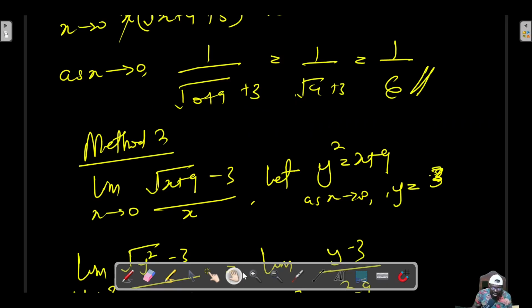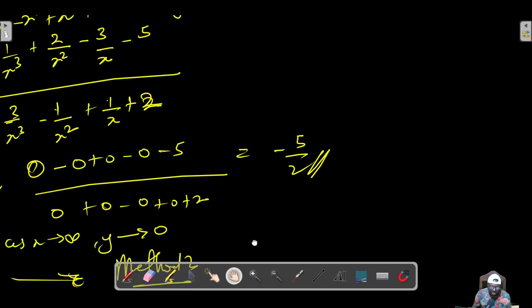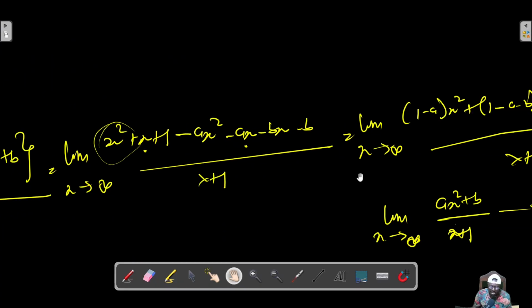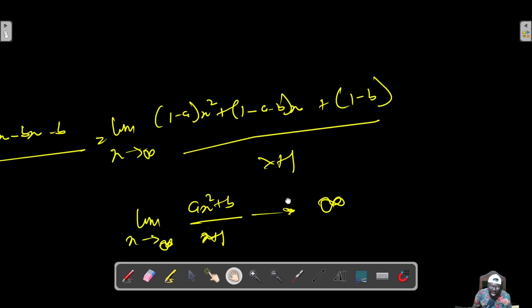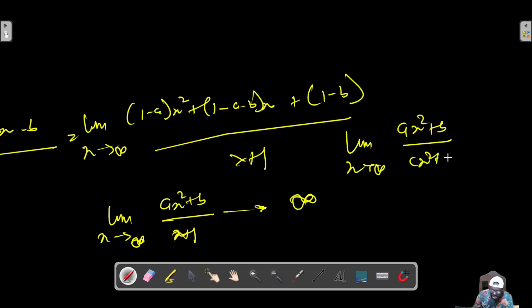Now, I also said one thing. I said that if you have the limit of some expression as x is approaching infinity, such that say ax squared plus b divided by cx squared plus c.